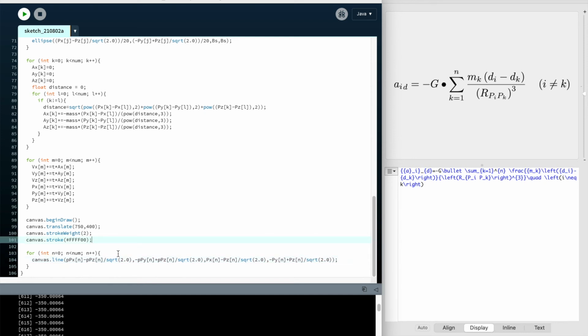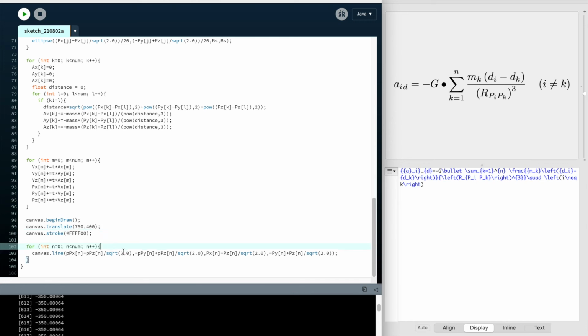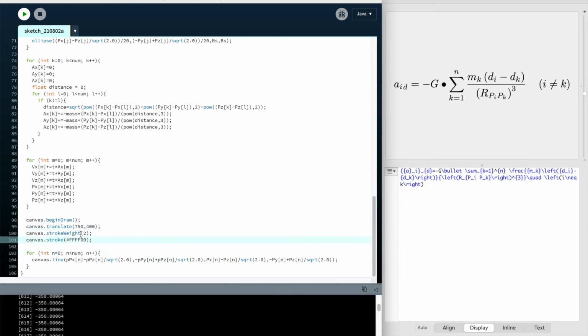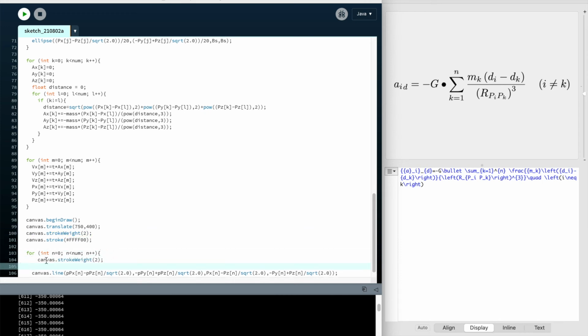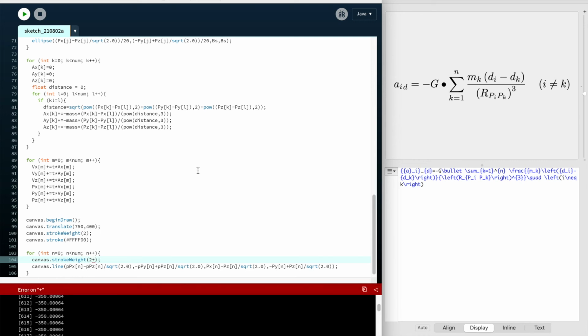Now hopefully, if I do that, and also here I'm going to have to say that stroke weight should, I think, be inside here. So stroke weight depends on our z quantity, so 1 plus 2 plus pz of n divided by, say, 1000.